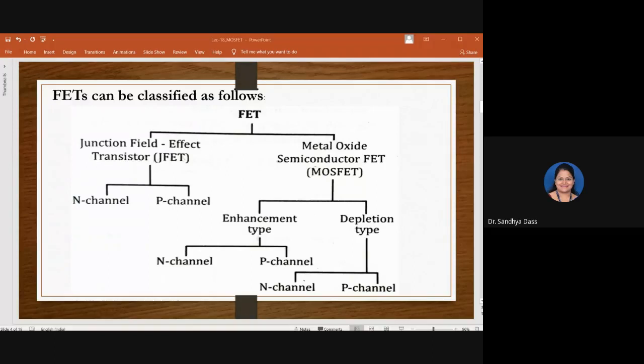So in both the cases, again, you have both N channel and P channel type of MOSFETs.